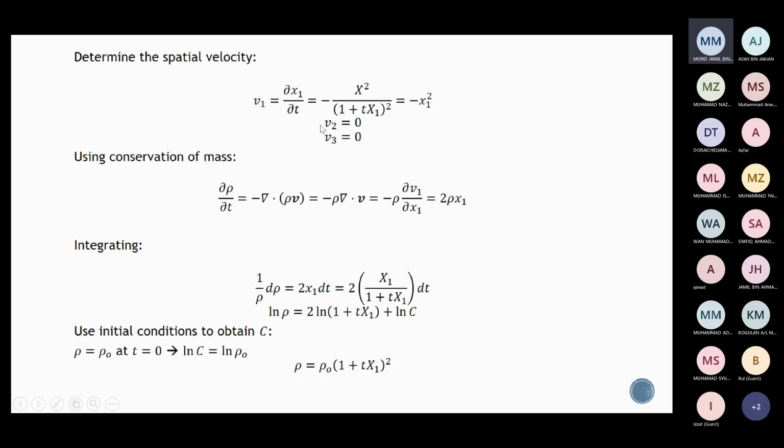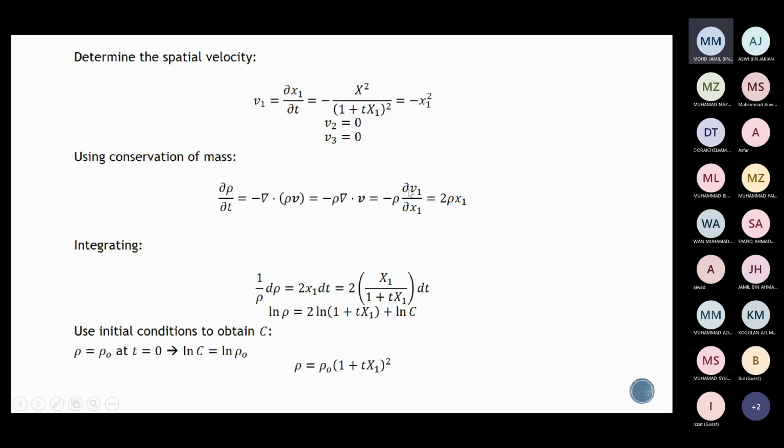And then from here, you can plug into the conservation of mass. So del rho del t equals negative del dot rho v. So we assume the density is constant. So we get negative rho del dot v, equals negative rho del v1 over del x1 because we only have v1.